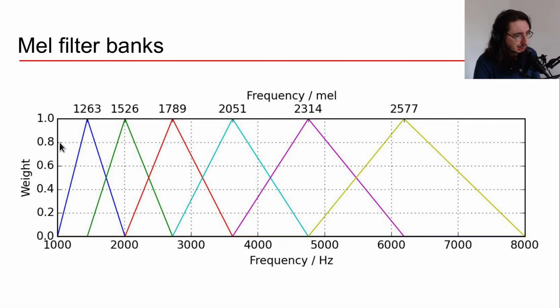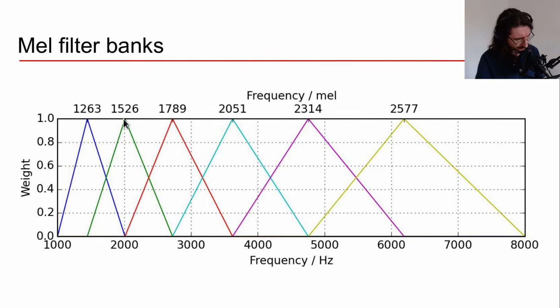Okay, so now as you can see here, we have an example with 6 Mel bands. And here indeed you have 6 points overall. And so these are the center frequencies for our 6 Mel bands. And so let's take, for example, this second point here. So let's say it's at 2000 hertz, which is 1526 mels.